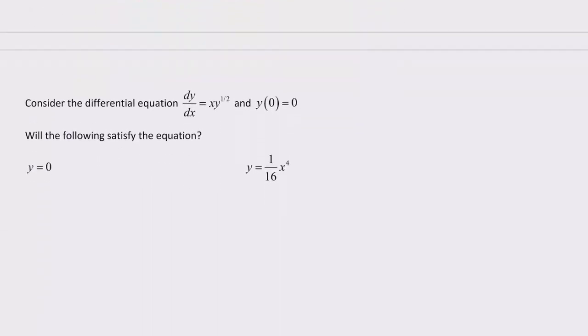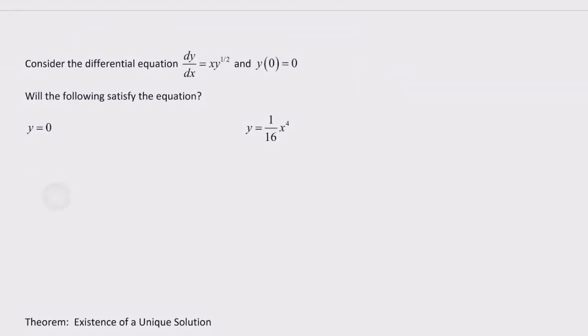Let's consider a differential equation we played with recently: dy dx equals xy to the 1/2 power. And let's throw in the initial condition y of 0 equals 0. So will the following two functions satisfy that?